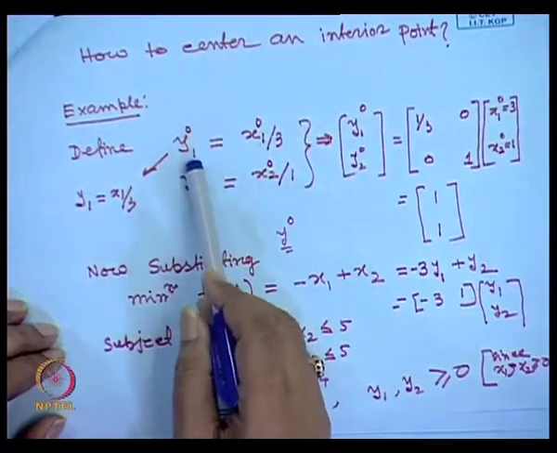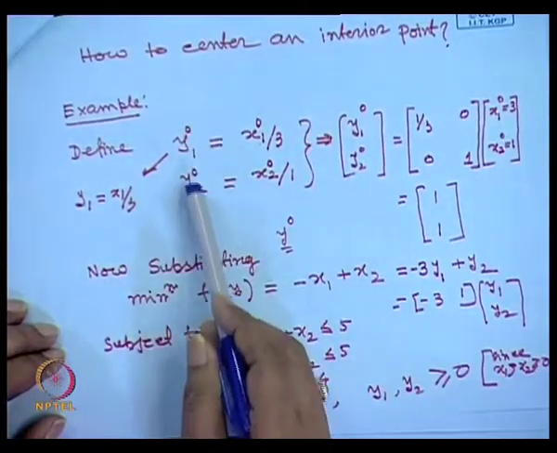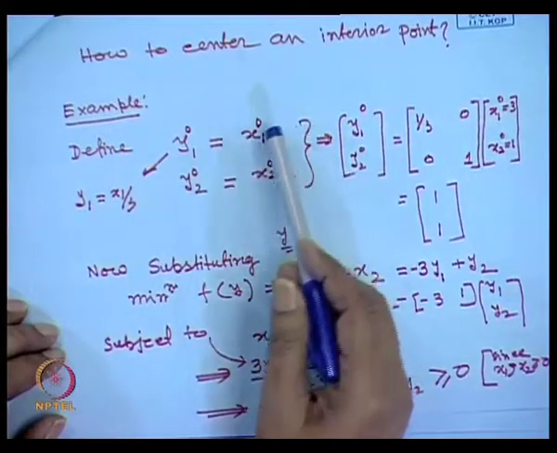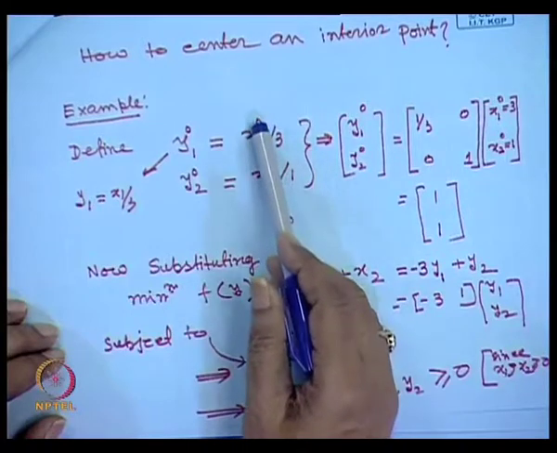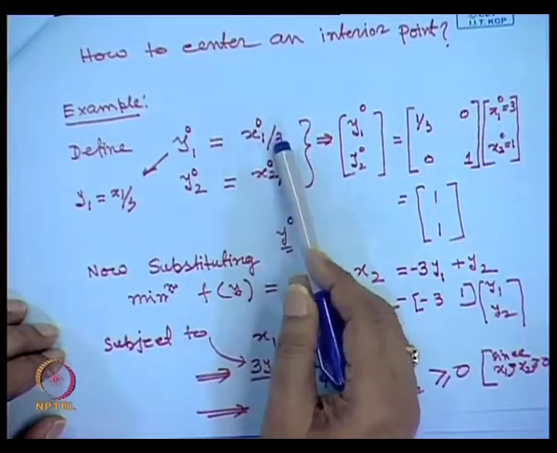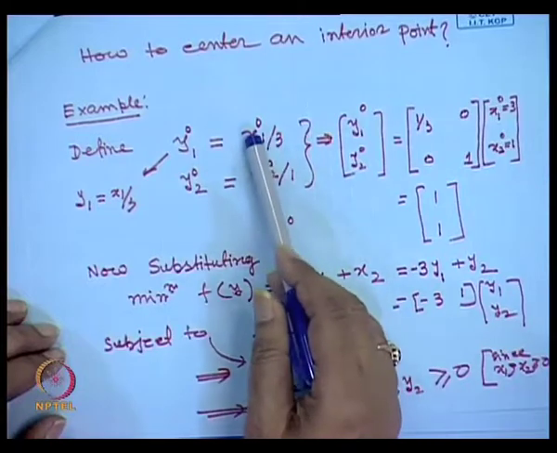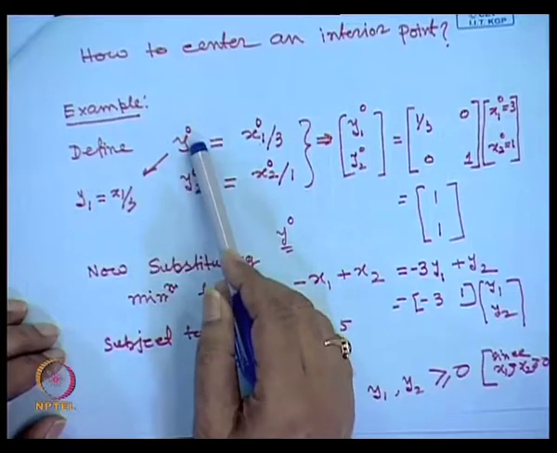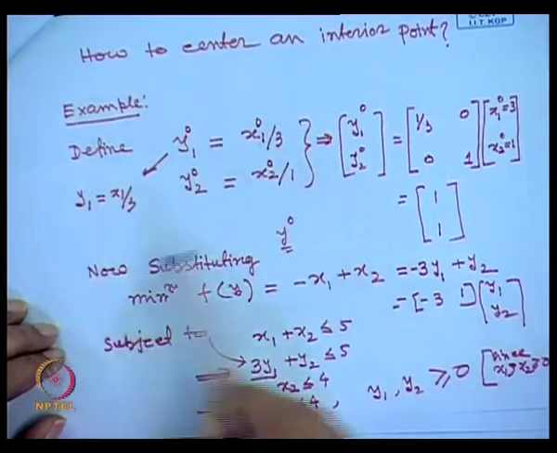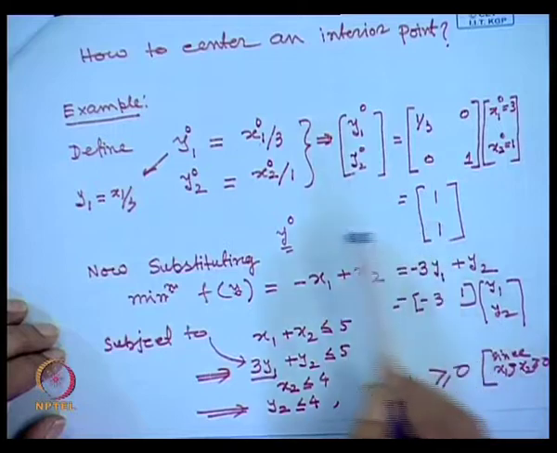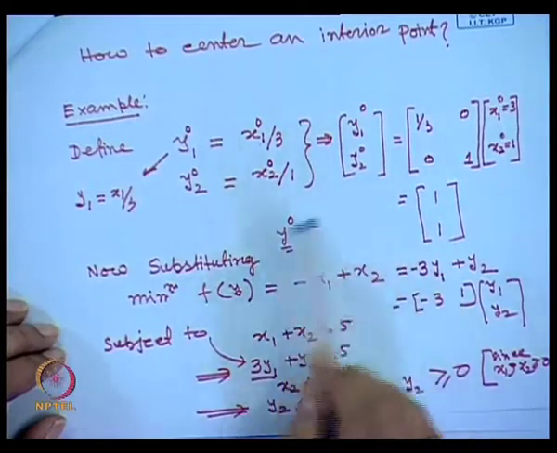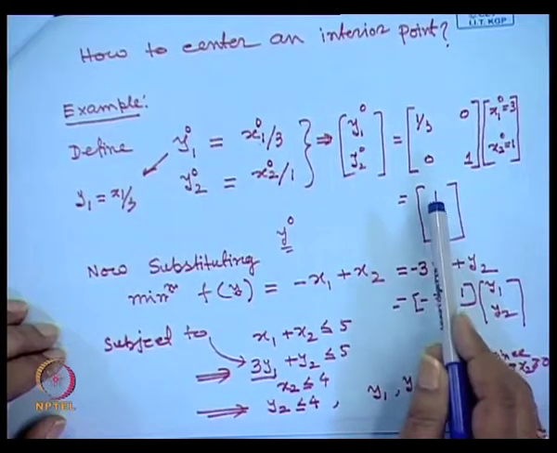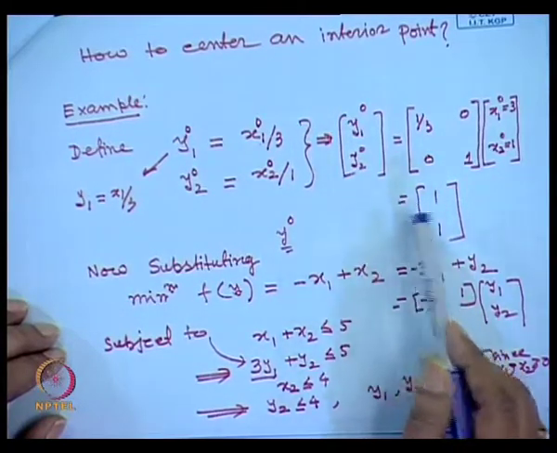We considered the transformed system coordinates y1 0, y2 0. Each original coordinate, x1 0, we divide by that element. If you divide by this element, and similarly for the other, then in the transformed system that value will be 1. That means in the transformed coordinates, our initial interior point is equidistant from the two coordinate axes.